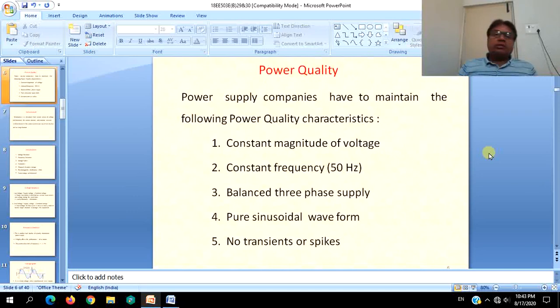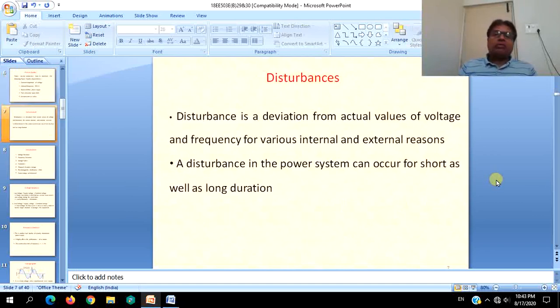So why these characteristics cannot be maintained as they should be is because of what are called disturbances. Disturbances in power supply due to load conditions, which may be internal or external, or problems within the power supply system, or problems from external sources like the environment. So a disturbance is a deviation from actual values of voltage and frequency.